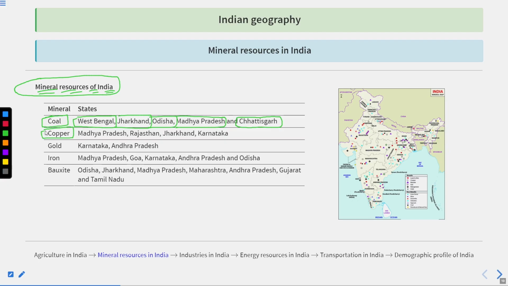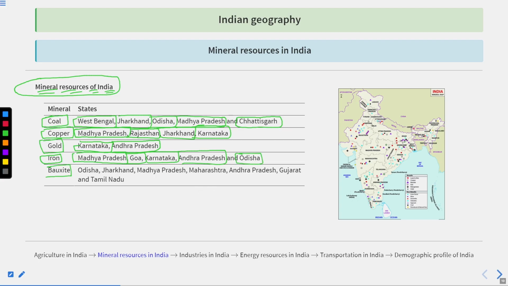Second mineral is copper, found in the states of Madhya Pradesh, Rajasthan, Jharkhand and Karnataka. Thereafter the gold, found in the states of Karnataka and Andhra Pradesh. Fourth is iron, found in the states of Madhya Pradesh, Goa, Karnataka, Andhra Pradesh and Odisha.